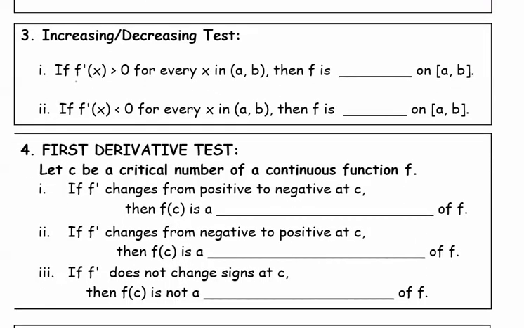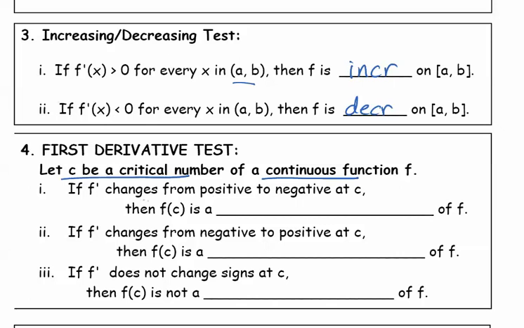If our first derivative is positive for every value in an interval, then f is increasing on that interval. And if f prime is less than 0, then it is decreasing. Our first derivative test, if c is a critical number of a continuous function. So make sure you're paying attention to the hypothesis in each of these.